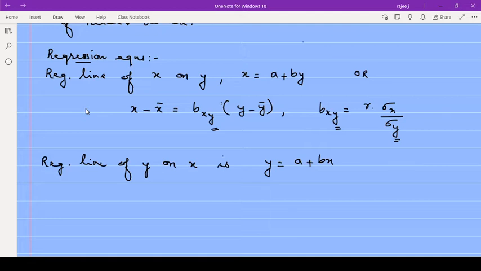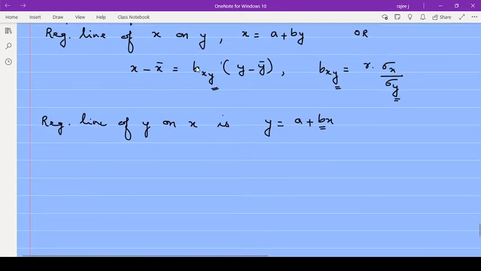Here again, if x is equal to a plus by we use, or if y equal to a plus bx we use, then this b is the regression coefficient of y on x. Similarly, here b will be the regression coefficient of x on y. Further, when we do problems, I'll tell more. So the regression line of y on x is this one, or in another way, this way.